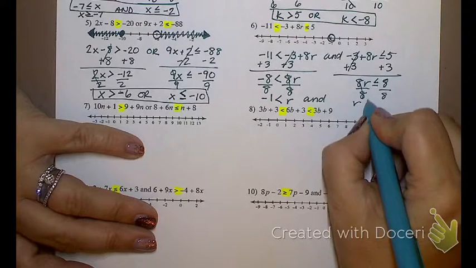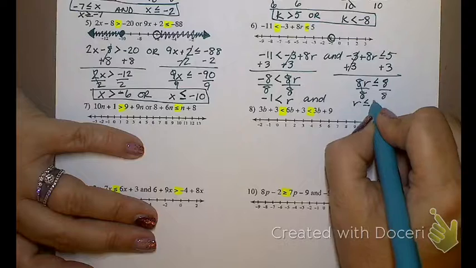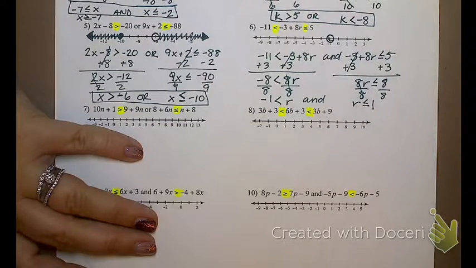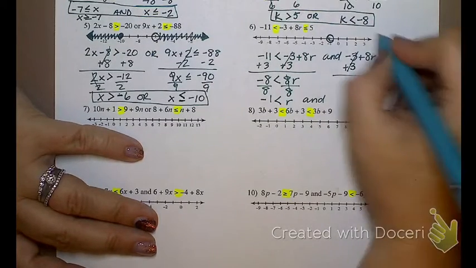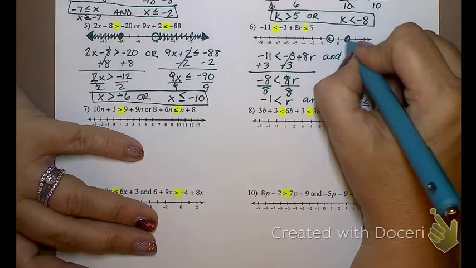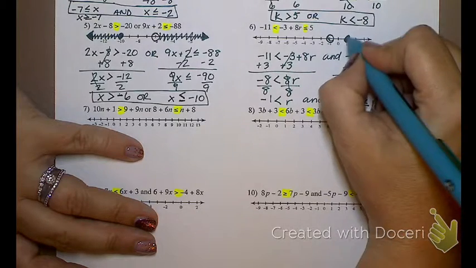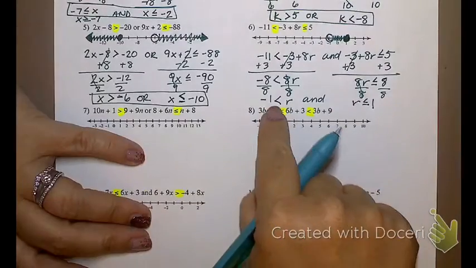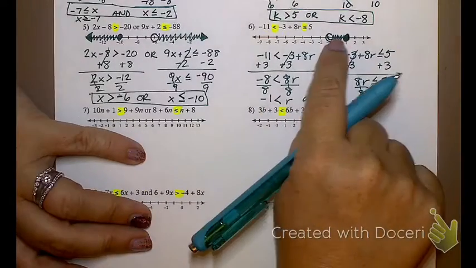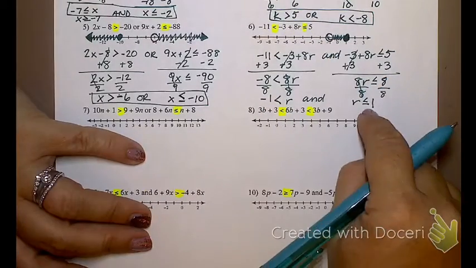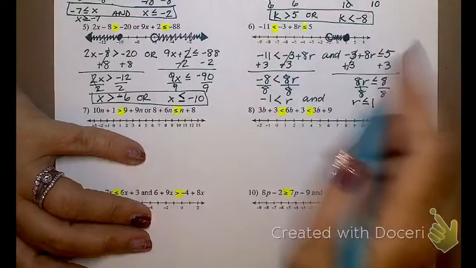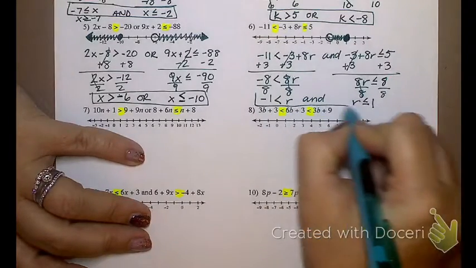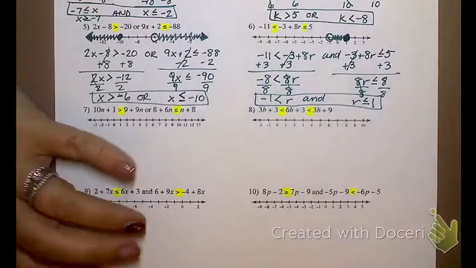And r is less than or equal to what? 1. So open or closed circle on 1? And where do I shade? In between. We have an innie for and. Because r is bigger than negative 1, which means to the right, and less than or equal to positive 1, which means to the left. So we have overlap. And that's my and part.